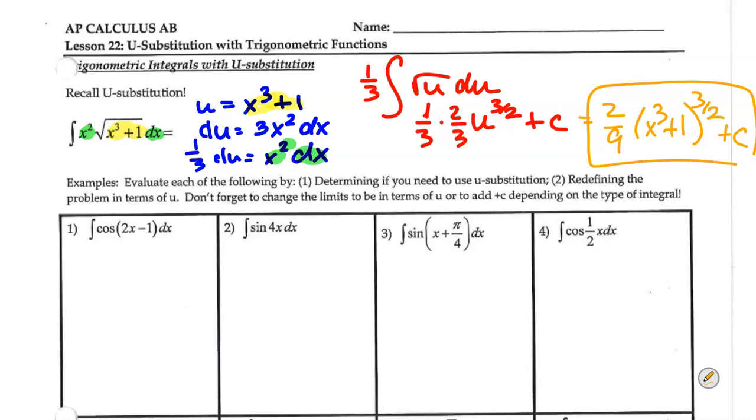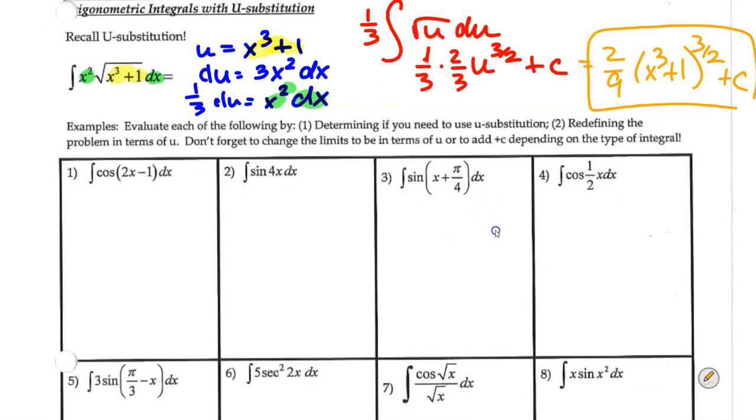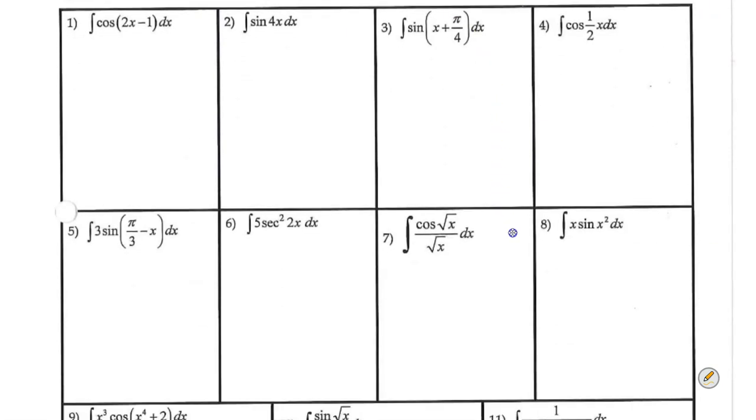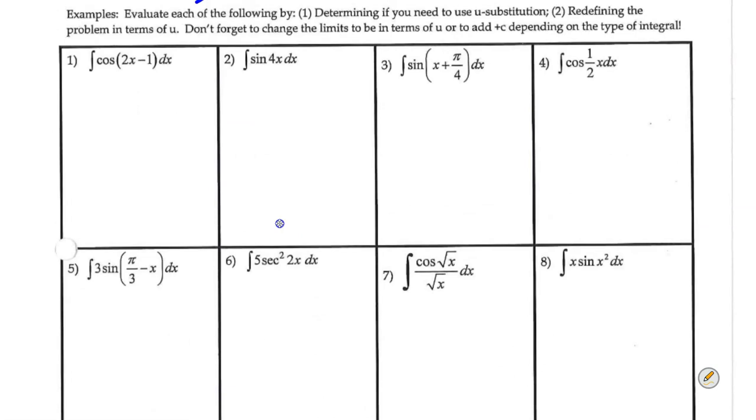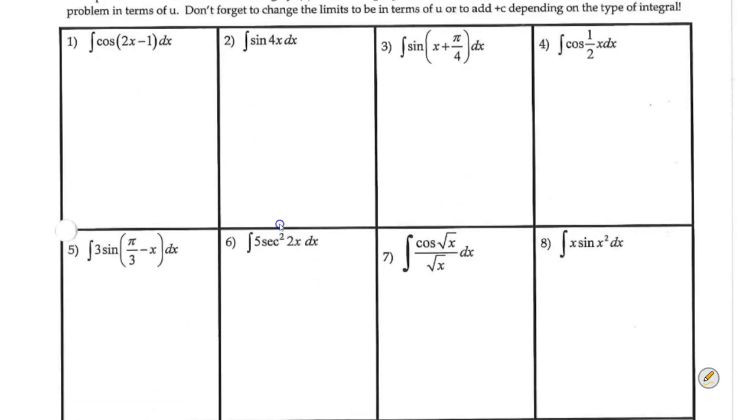Okay, so here is the first part. And like I said, most of this is just you practicing. I do want to say that for this next piece right here, we're just integrating mostly sine and cosine with a little secant squared right here. But what I want to say about part 1, so now we're learning how to integrate trig, is that in all of these examples, it's just one trig function.